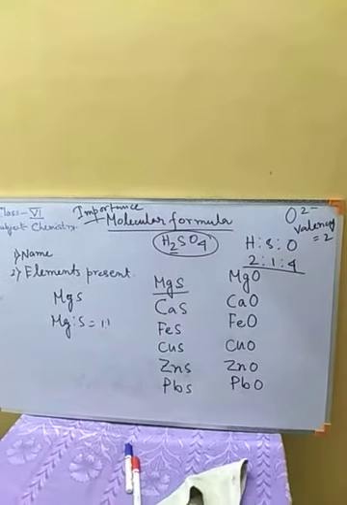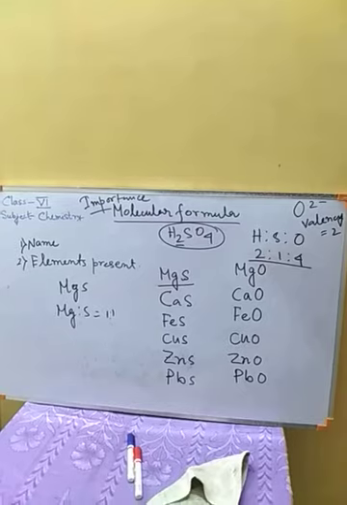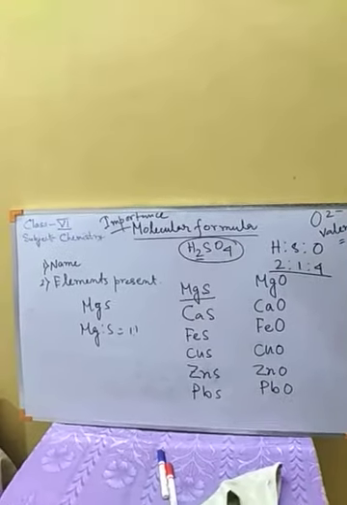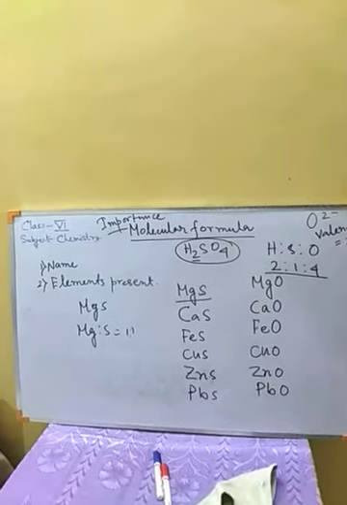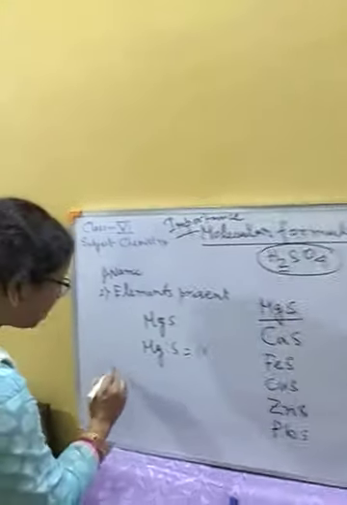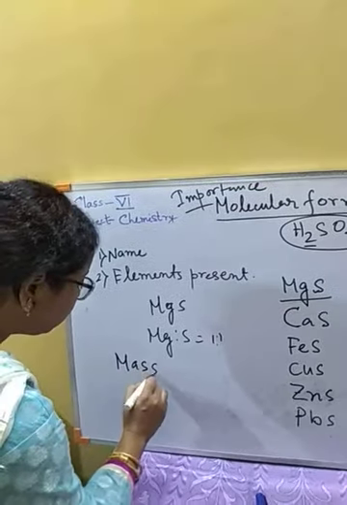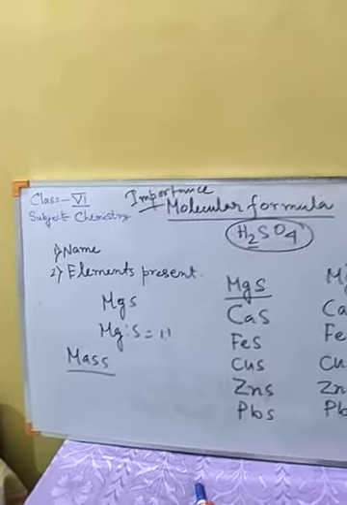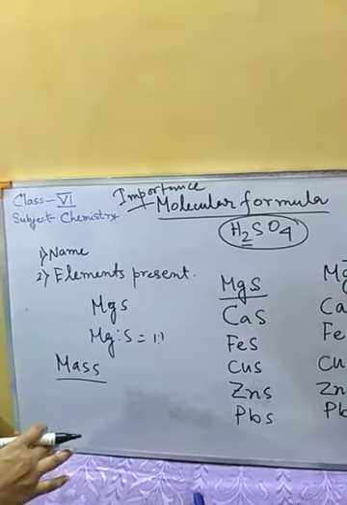So next, the mass of one molecule of the compound also can be known from the molecular formula. So how can we understand the mass of the substance? We can calculate it from the molecular formula. How?